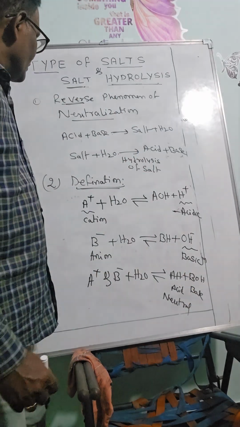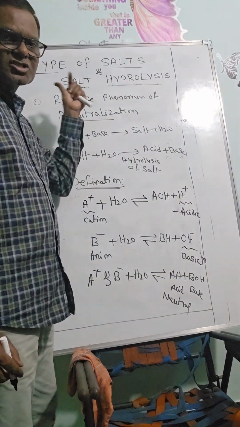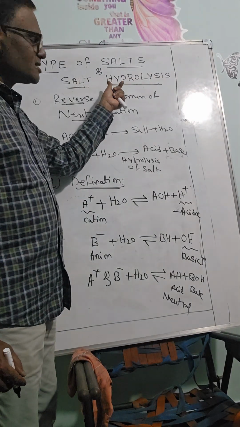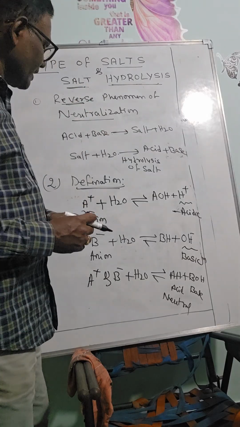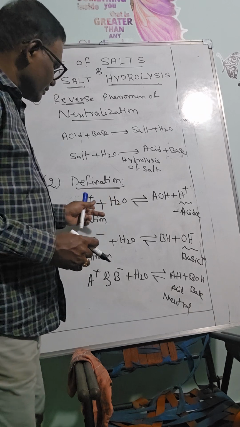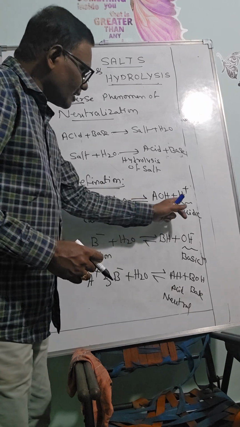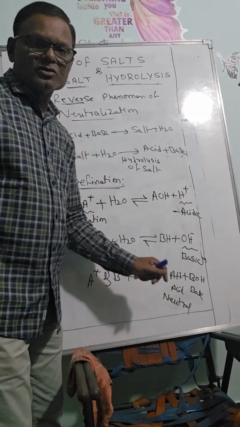So what is the definition of salt hydrolysis, or hydrolysis of salts? Salt hydrolysis is a chemical process in which ions react with water to form an acidic solution, a basic solution, or even a neutral solution.